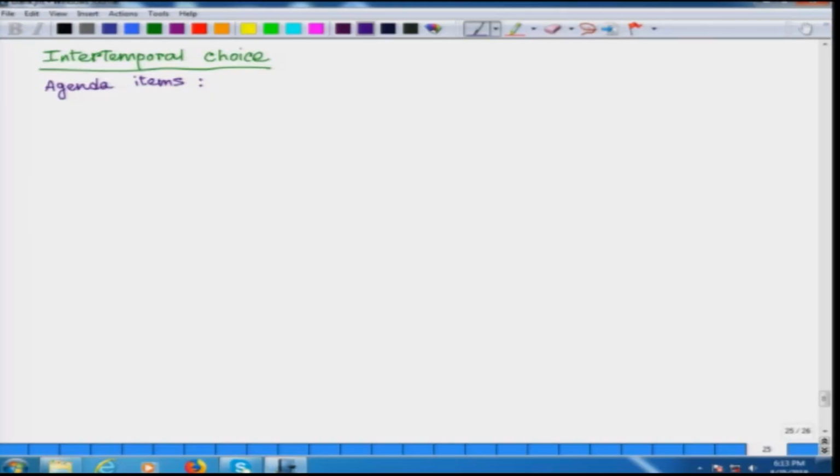Let us look at the agenda items first. First we are going to talk about the budget constraint that a consumer faces. So, first we are going to look at the assumptions.